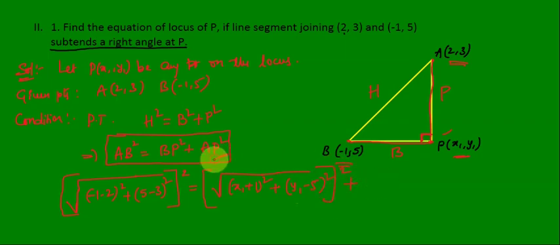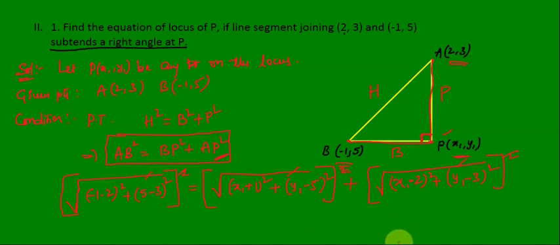Plus now AP square. So AP, A is (2, 3) and P is (x1, y1). So same formula, (x1 minus 2) whole square plus (y1 minus 3) whole square. The square and root get cancelled, here also and here also.